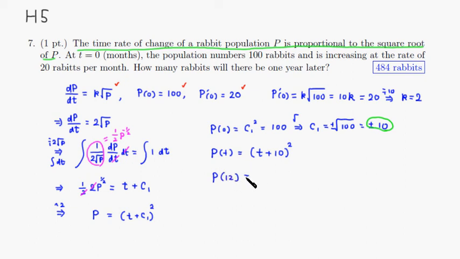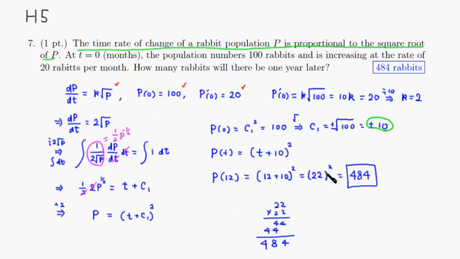So this is going to be 12 plus 10, squared, which is 22 squared, which is equal to, what's that? 22 times 22 would be 484. So this is the number of rabbits after 1 year.